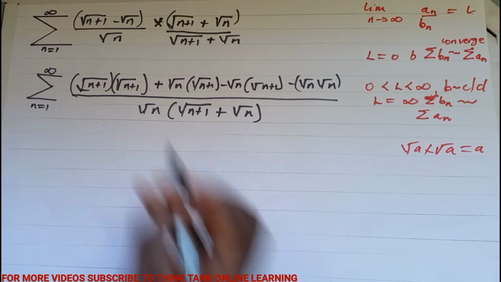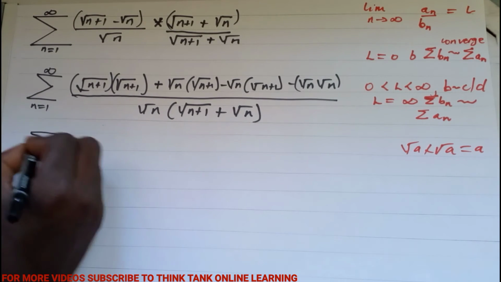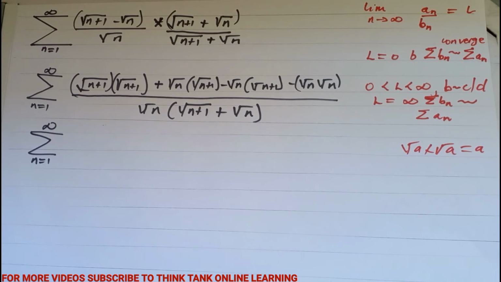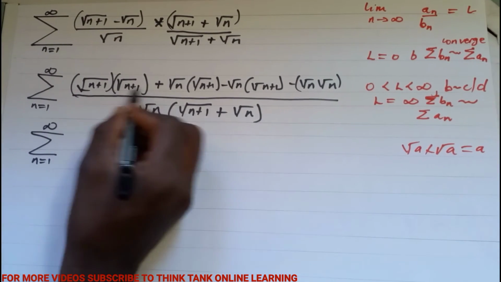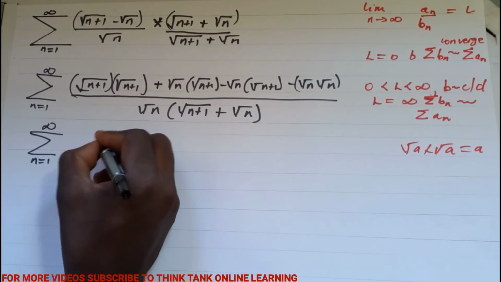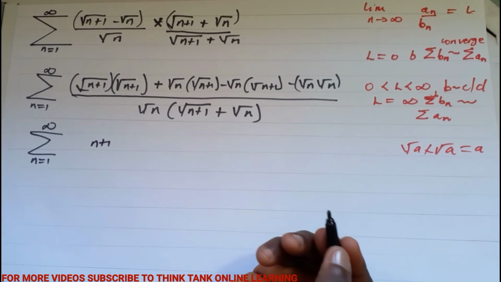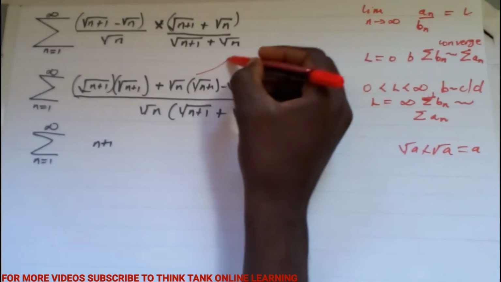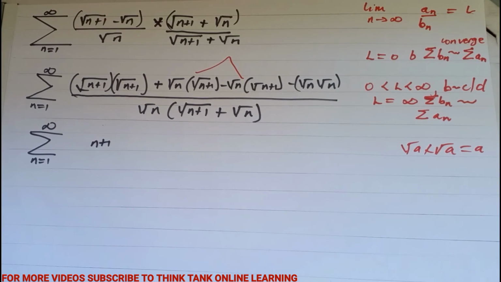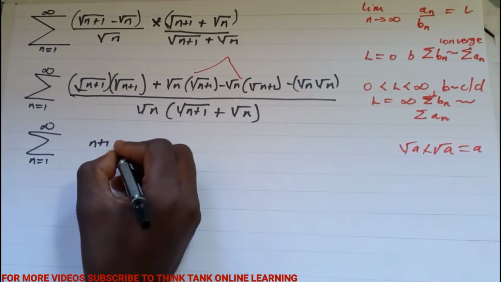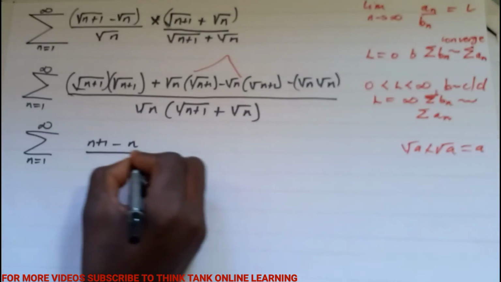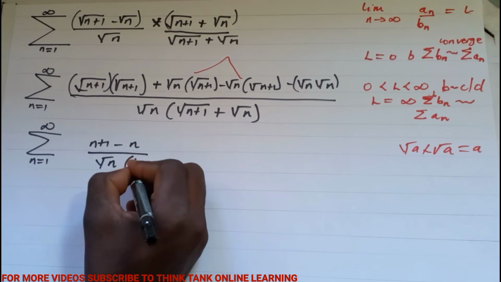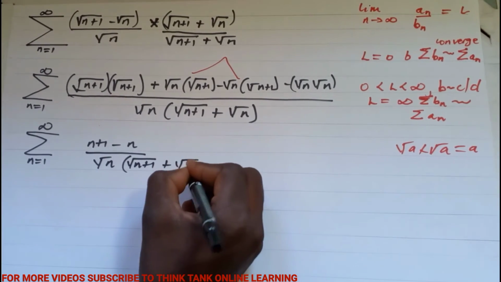So I'm going to do the same. That means we have a series, I'm just arranging my series in a simple order. So this is equal to n plus 1. Here and here, these things will cancel, and we're going to be left with negative n over root n plus 1, or under the square root, plus root n.